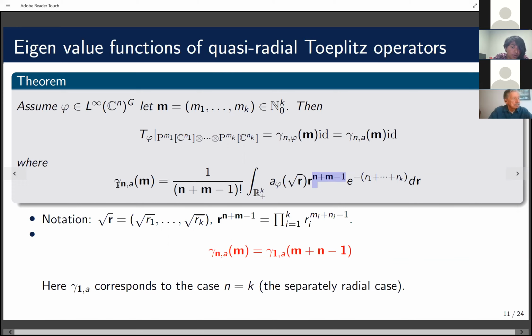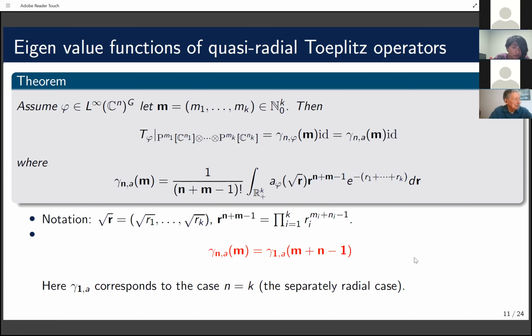So we can write gamma n(a) of m as gamma 1(a) of m plus n minus 1. This observation is important to reduce the problem later on. So it's all about just the separately radial case.